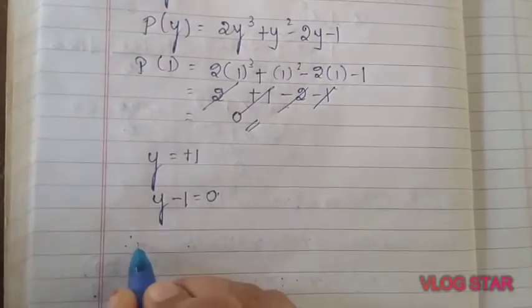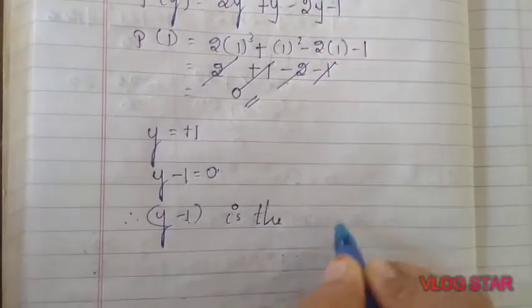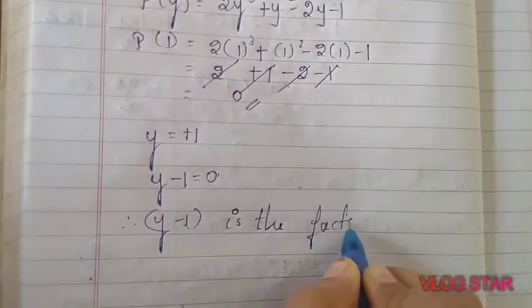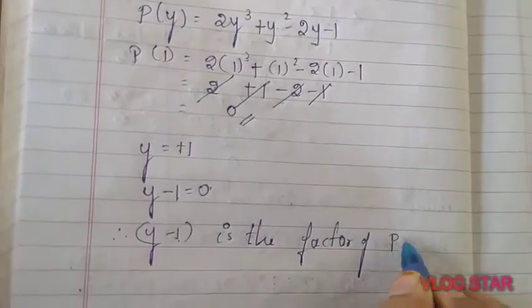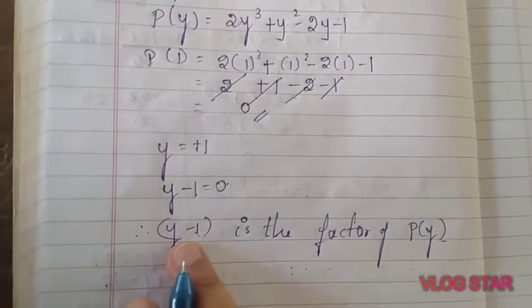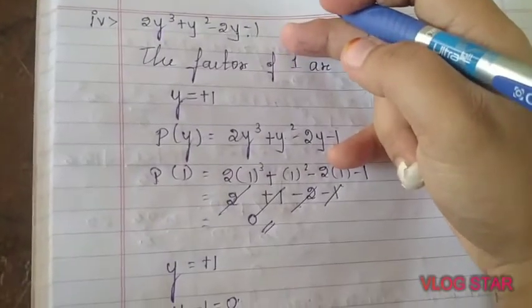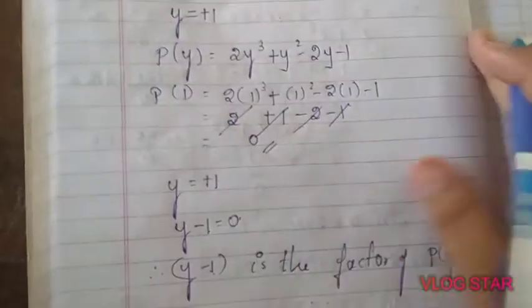So now you can write that therefore y minus 1 is a factor of p of y. Okay, so now you have to consider this as the divisor and this as the dividend, and proceed with the long division.